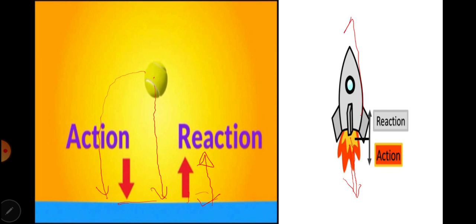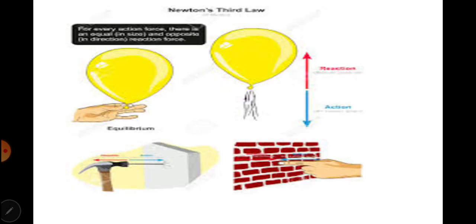As a reaction, the rocket will move in the upward direction. The force exerted by the finger on the wall is the action, and the wall exerts the reaction force.